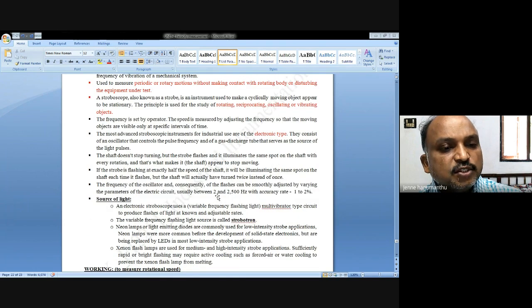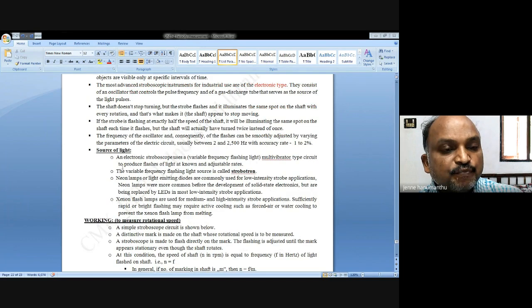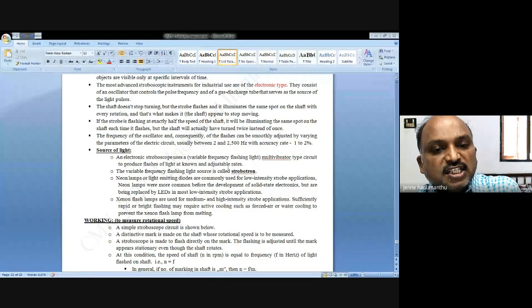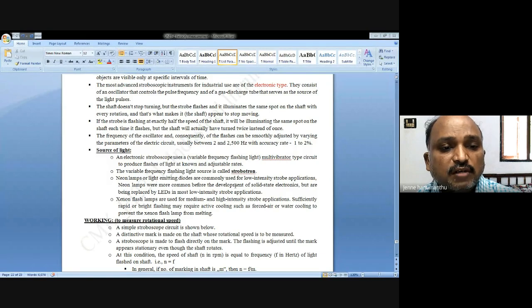Okay, so what is the source of light we are using? An electronic stroboscope uses a multivibrator type circuit to produce flashes of light with adjustable rates. The variable frequency flashing light source is a strobotron. It will give variable frequency lights.